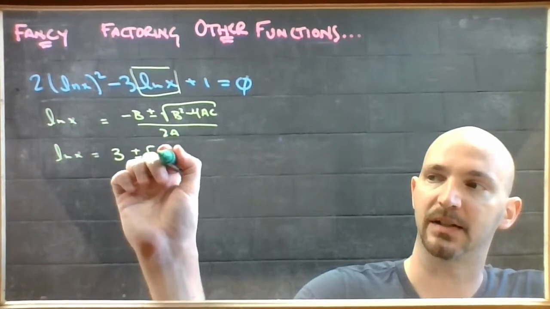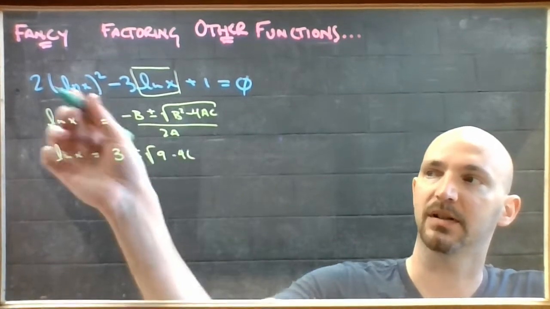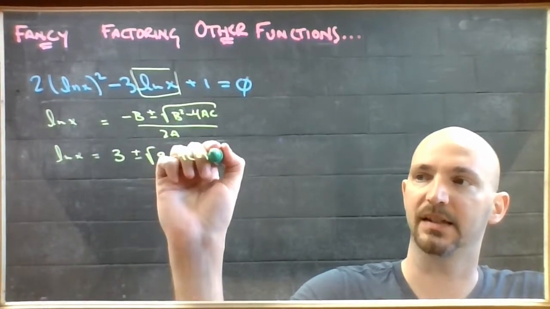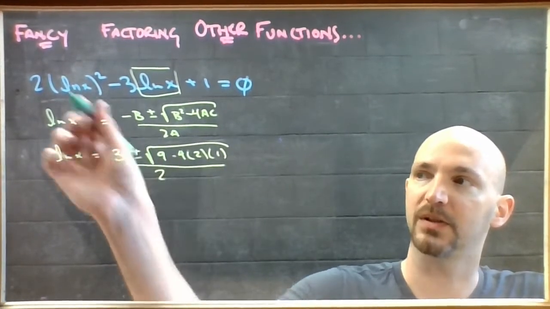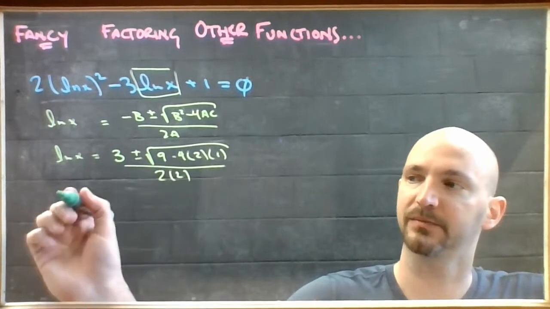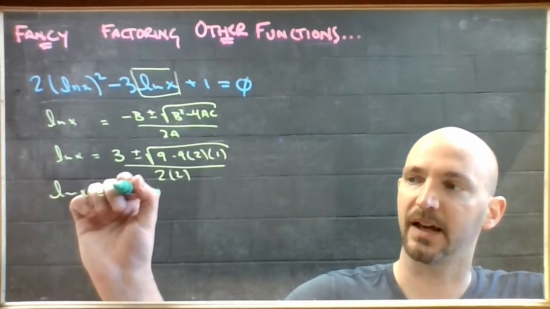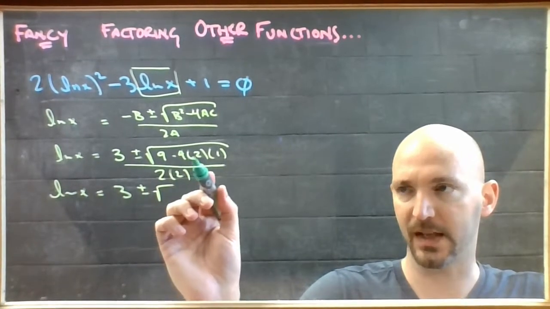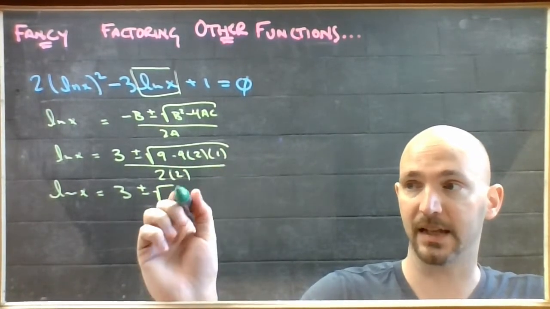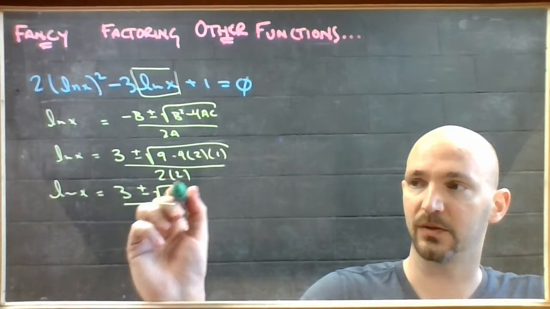Negative 3 squared is 9 minus 4 times an a value of 2 and a c value of 1, all over 2 times the a value, which is 2. So ln of x would be 3 plus or minus the square root of 2 times 4 is 8 times 1 is 8, 9 minus 8 is 1, 2 times 2 is 4.